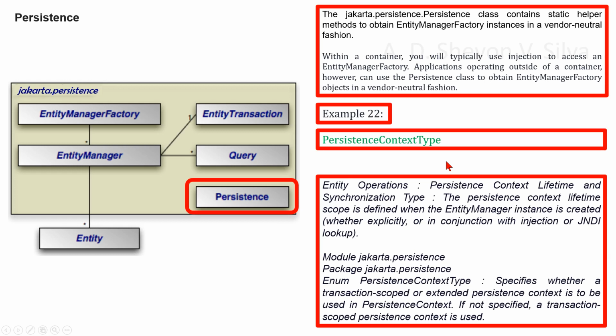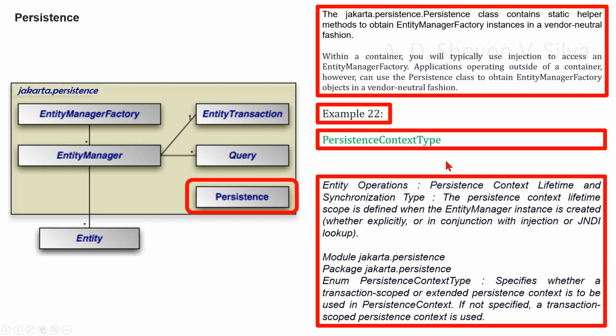The lifetime of a container-managed persistence context can either be scoped to a transaction, a transaction-scoped persistence context, or have a lifetime scope that extends beyond that of a single transaction, an extended persistence context. The enum PersistenceContextType is used to define the persistence context lifetime scope for container-managed entity managers.